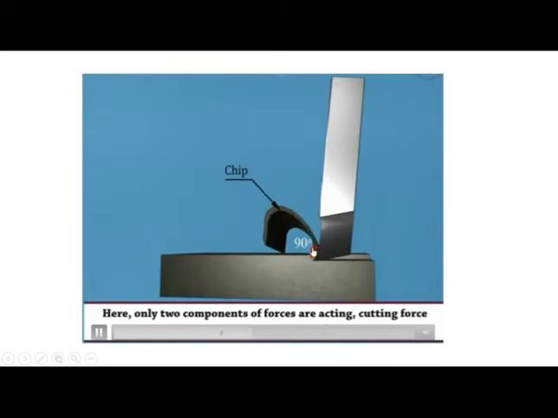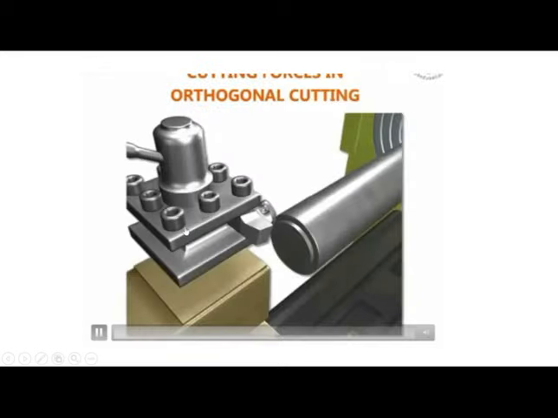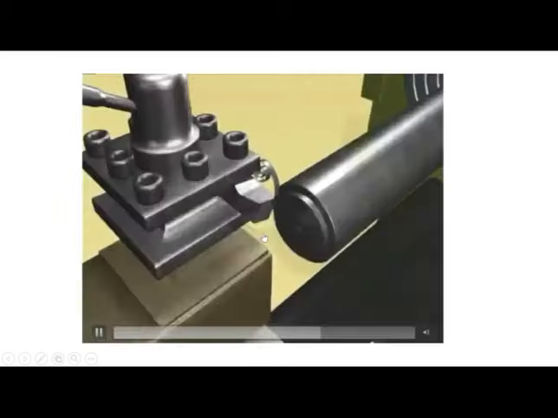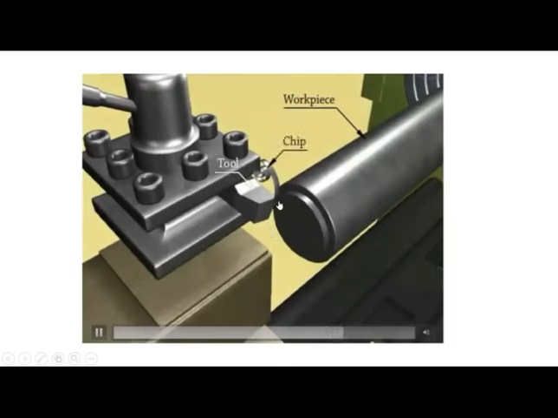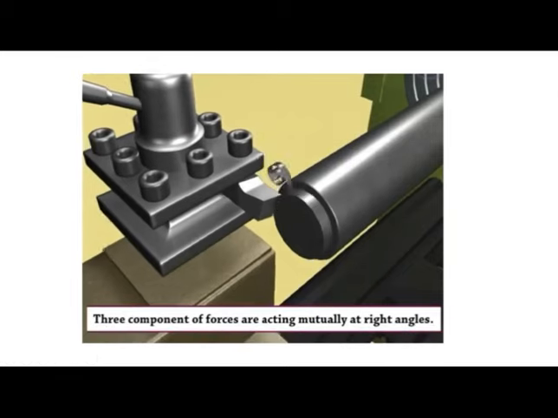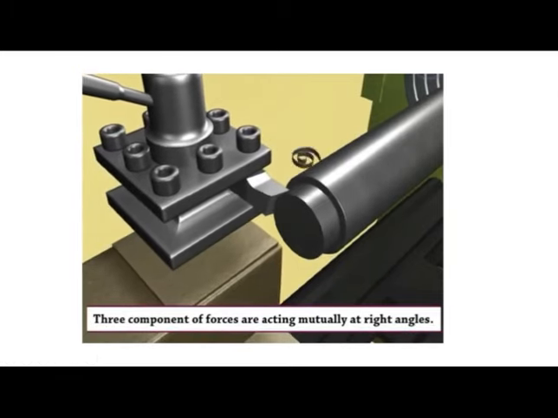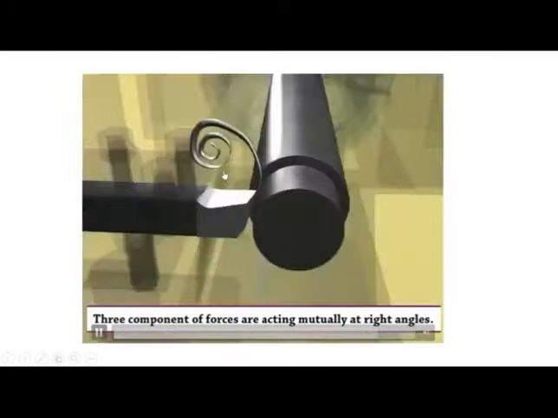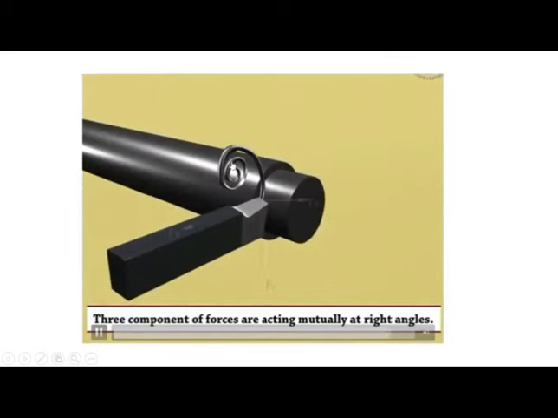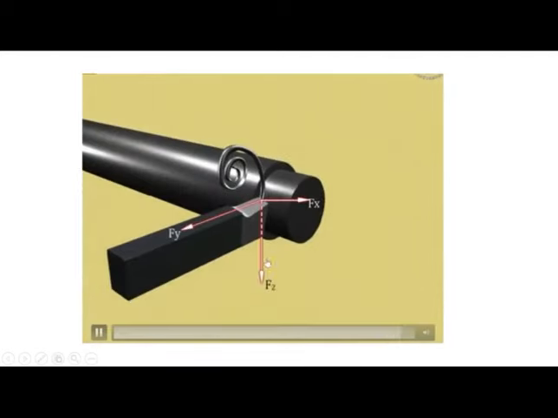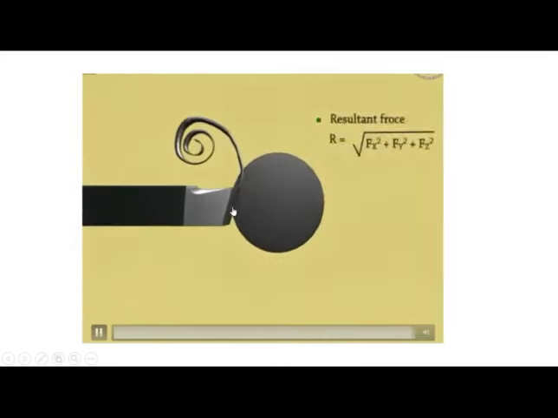This is a tool, this is a workpiece. In lathe machines, by using a single point cutting tool, you will observe how cutting actuates. This is the flow of the metal, what we call a chip. There are three forces acting on a single point cutting tool.